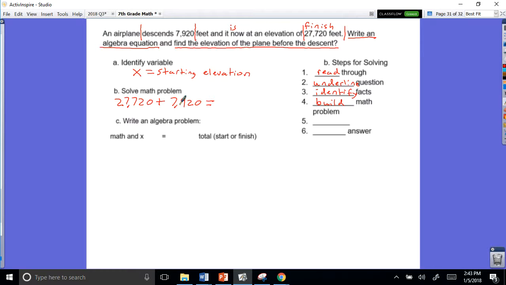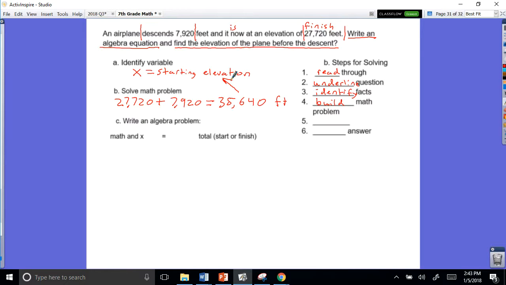Before the plane went down, that's going to tell us where the plane was before it started descending. If you add those two numbers, it was at 35,640. So that's where it was before, 35,640 feet. That is the starting elevation.